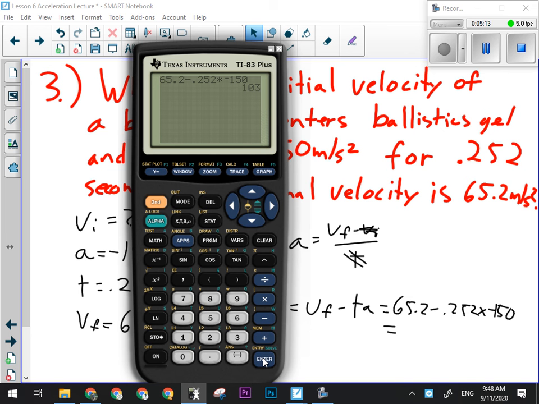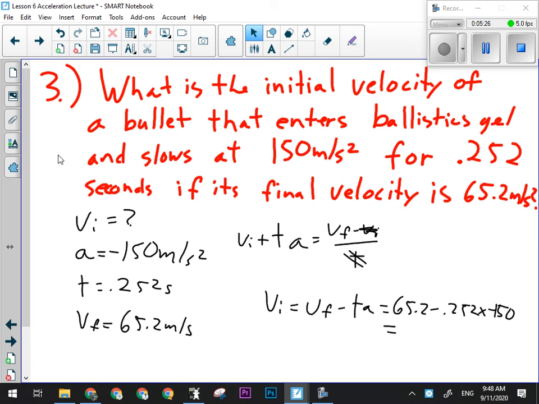We're looking at an initial velocity of 103 meters per second, which is not a very fast bullet. This bullet had obviously already been flying for a long way, and it's slowed down a lot, because that's pretty slow for a bullet to be moving at. Only 103 meters per second. Maybe it's an old musket ball or something, not an actual bullet.